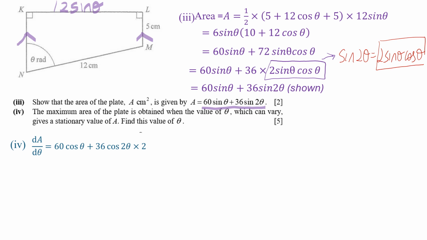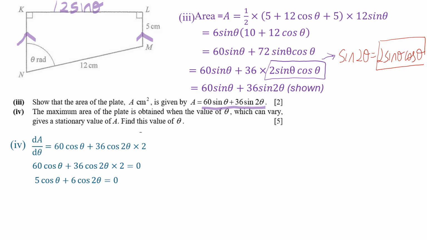That means I need to differentiate 60 sine theta, which gives 60 cos theta. I need to differentiate 36 sine 2 theta, which gives 36 cos 2 theta times, remember to differentiate the 2 theta, that gives me 2. So you end up getting 60 cos theta plus 72 cos 2 theta equals 0.